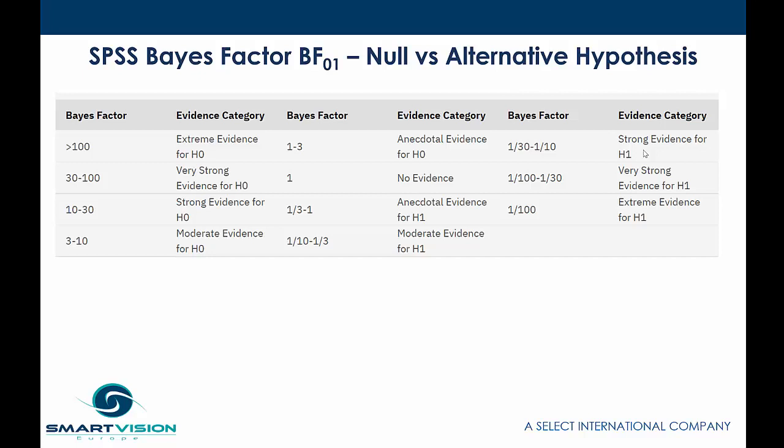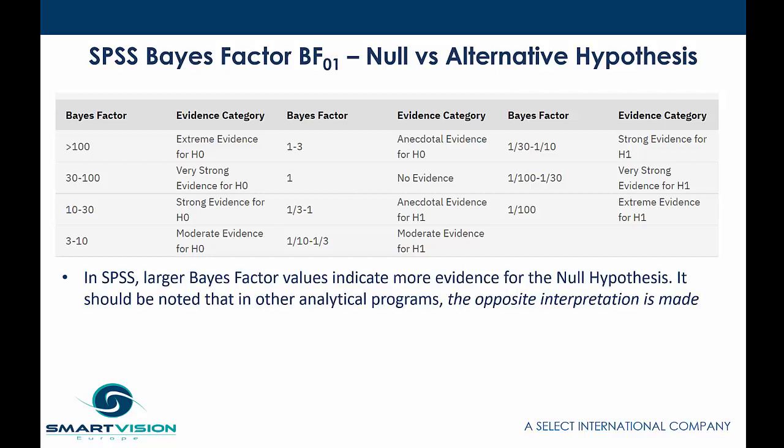You should bear in mind, however, that when you look at other systems, the direction of interpretation may go in the opposite direction, where they're using the BF subscript 10 as opposed to BF subscript 01. So they're just dividing the alternative by the null rather than the null by the alternative. So bear that in mind.